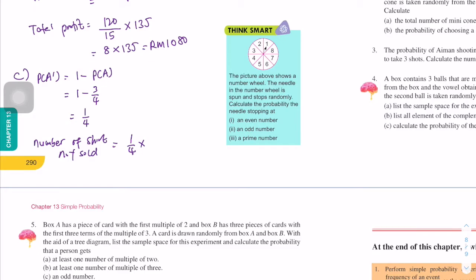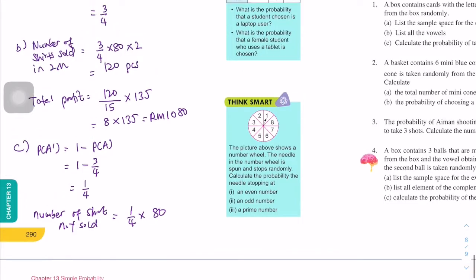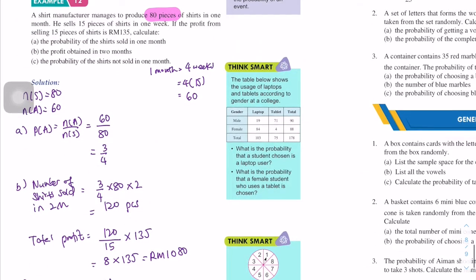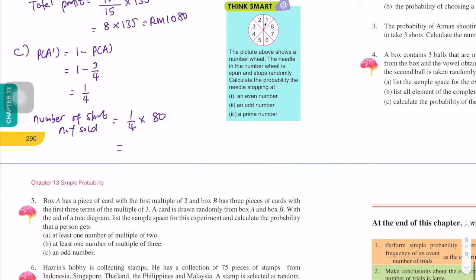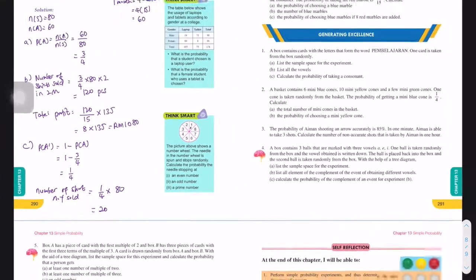So we have 80, right? 80, yes. So 1/4 times 80, we have 20 pieces yang tidak dijual.